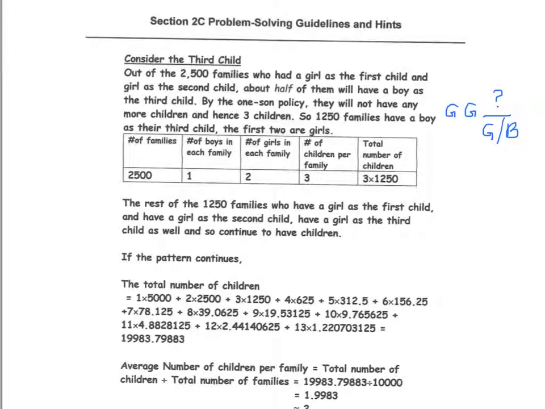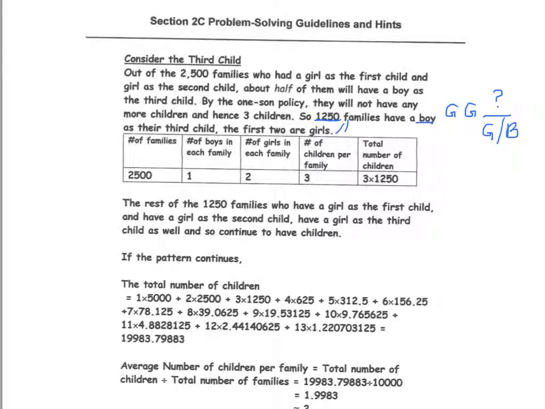There's a 50-50 chance of the third child being a girl or a boy. So 50% of the families will have a boy. That's half of those 2,500 families. So 1,250 families will have a boy as their third child, the first 2 being girls.